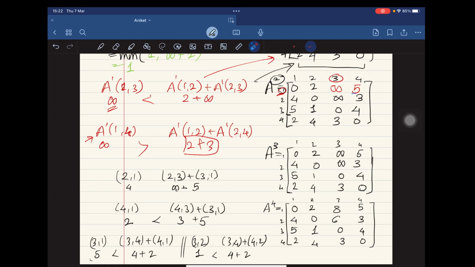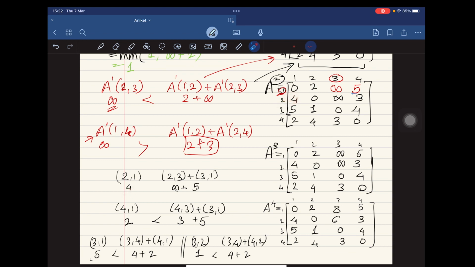Okay, so same thing for A3. I've kept this row and this column as same, and for A4 I've kept this column and row as same. Okay, so let's take 2 examples, and that's how you can do the Floyd-Warshall algorithm. So for A3, let's look at going from 2 to 1. In the previous matrix, from 2 to 1, that was 4.